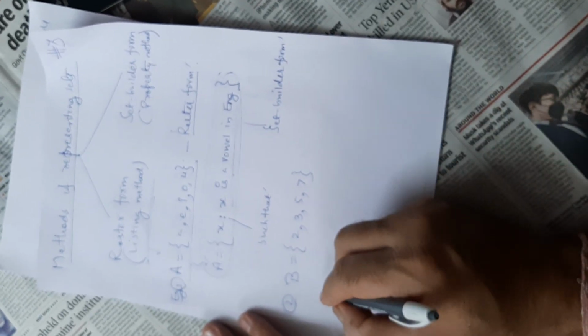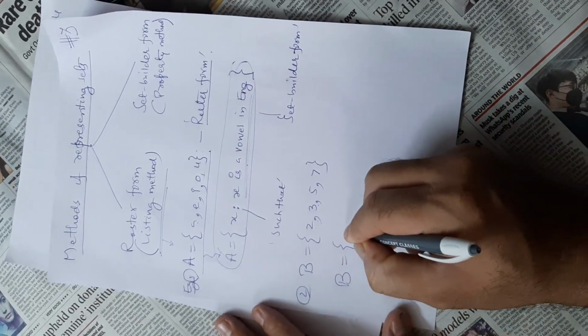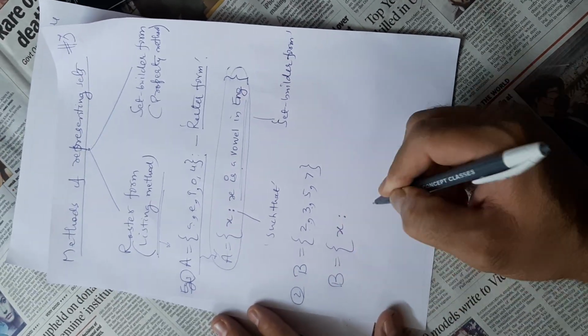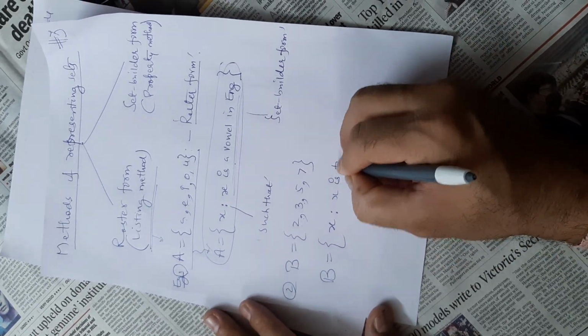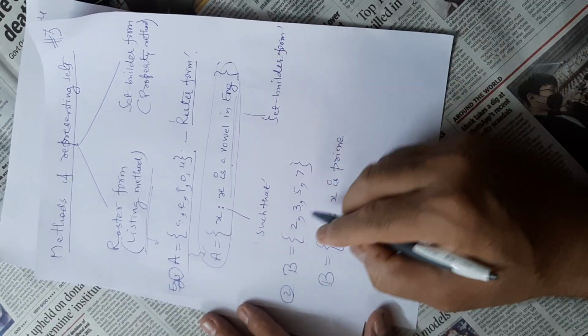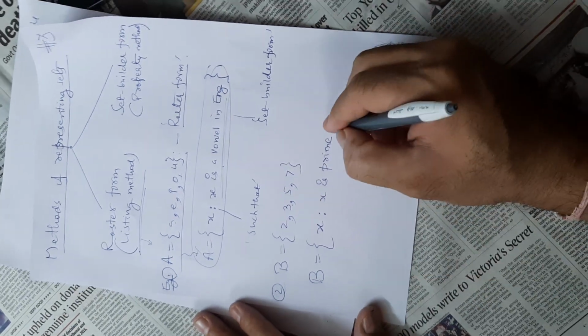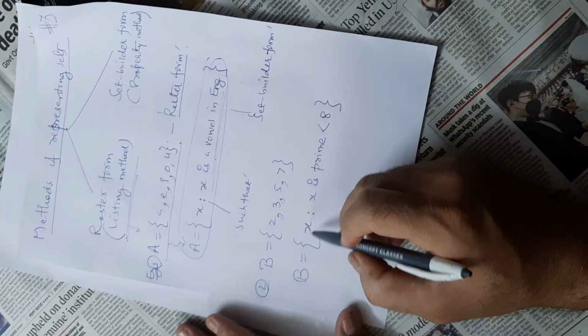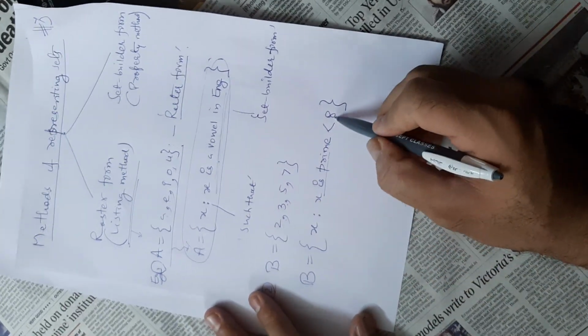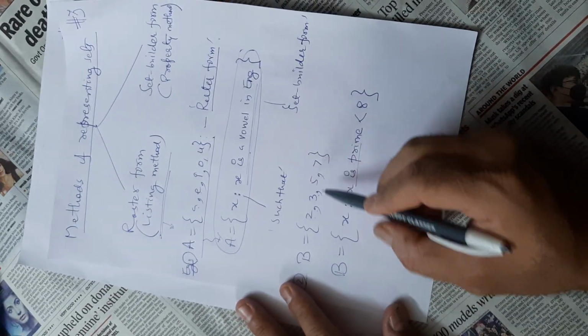First 4 prime numbers. The same set I can write like this. X such that X is a prime number. Now is this the list of all prime numbers? No. For example, I'll write X is prime less than say 8. So if you list all prime numbers less than 8, you'll get 2, 3, 5, 7.